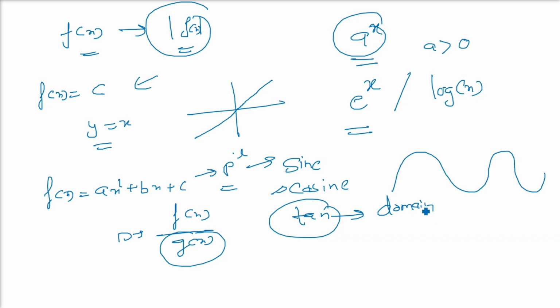But when we talk about 1 by sine, 1 by cosine, 1 by tan, that is secant, cosecant, and then we have the cotangent, they are also continuous, but we should know under what domain, right?